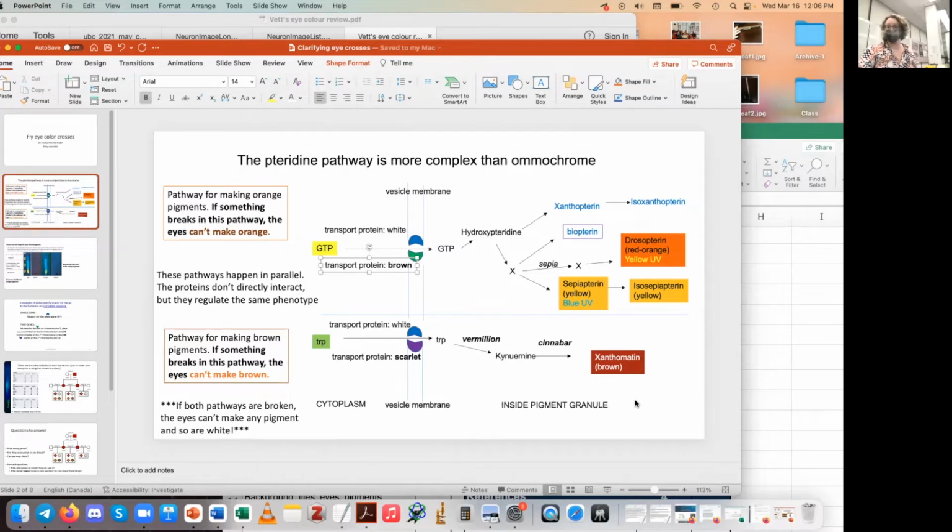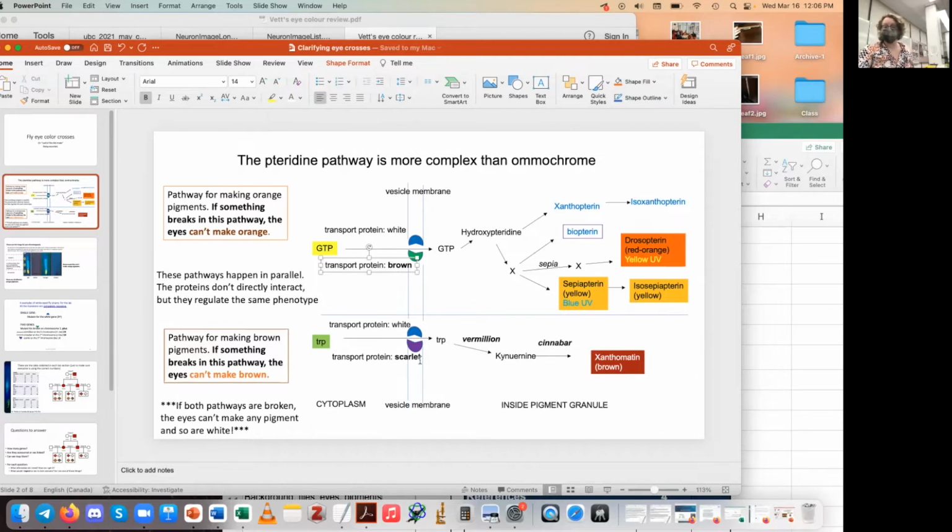So you're going to have brown eyes because all that's left is this pathway. And the same works here if, say, scarlet or vermilion or cinnabar, all of which have phenotypes that are very, very similar to each other, are broken, just one of them, you're not going to be able to make brown. So you're just going to have orange eyes.